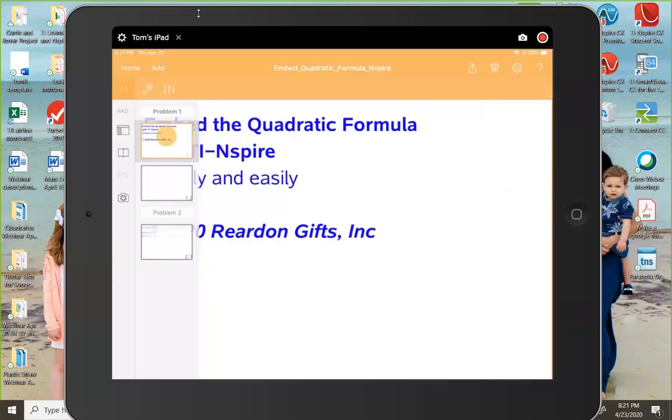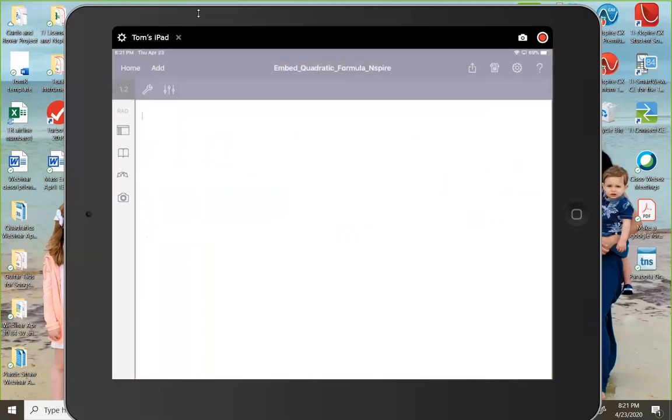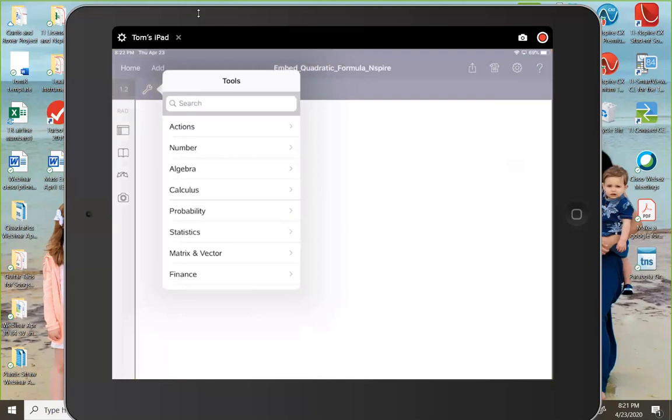So for this one here, you can define functions on either version of TI-Nspire. I'm going to go on to a calculator page, and I'm going to define a function of 3 variables. I'm going to tap on the tools, that wrench there, and under actions, define a function.